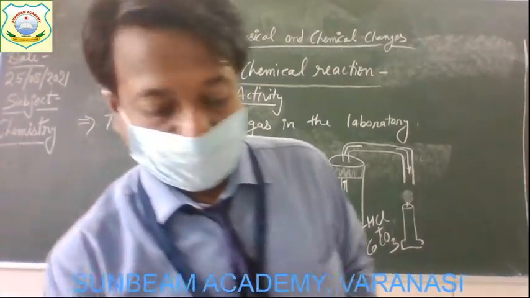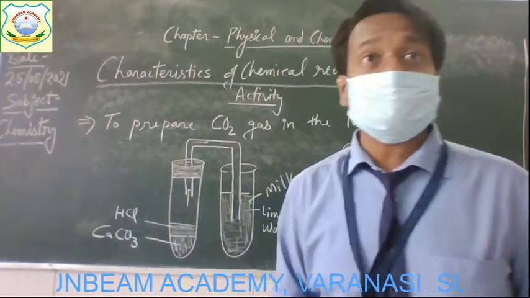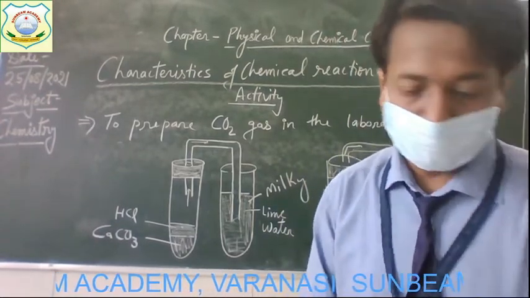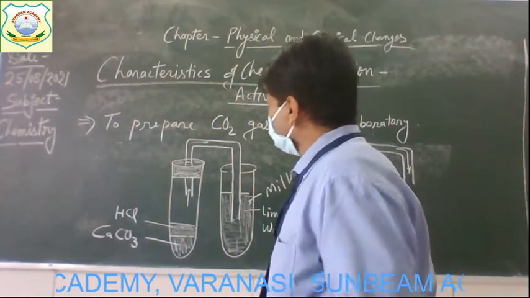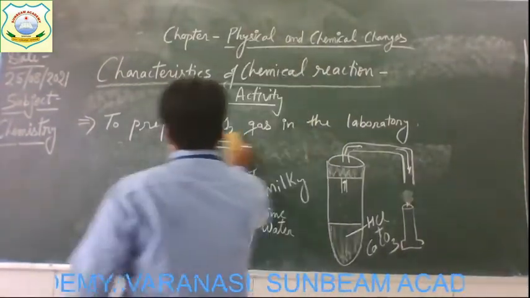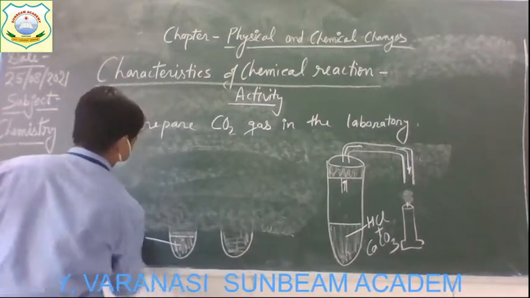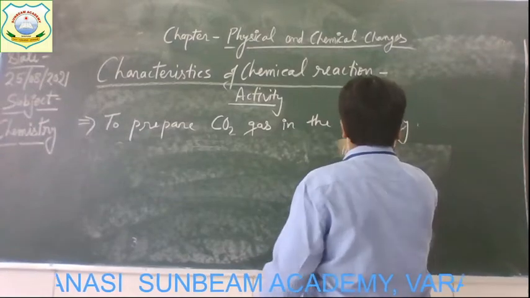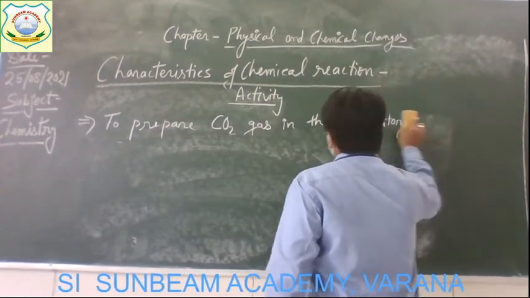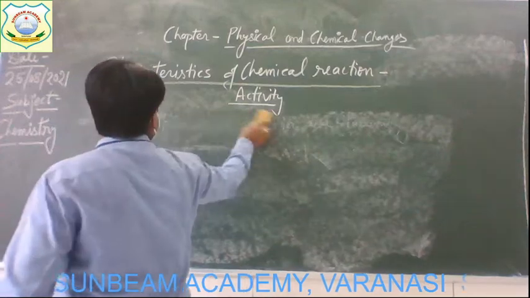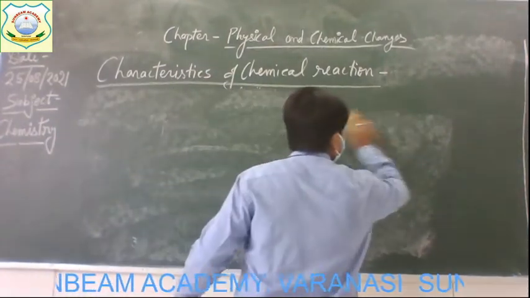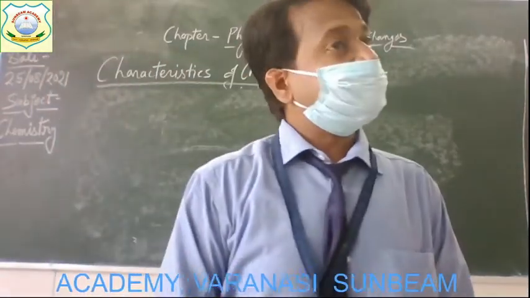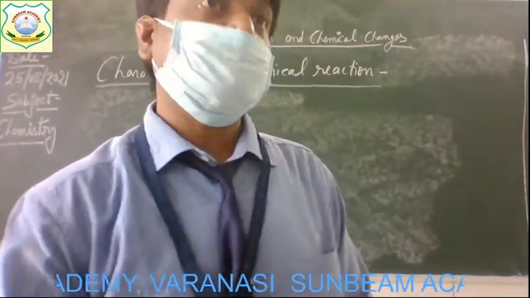Okay. Now come to the next characteristics that we are discussing. Characteristics of chemical reaction. And you can also show the same activity with the help of a chemical reaction.